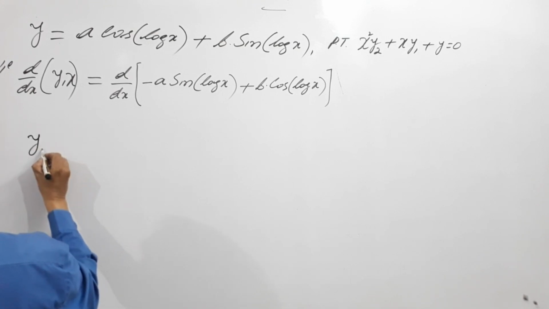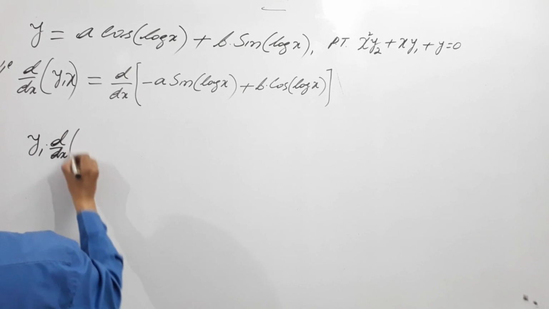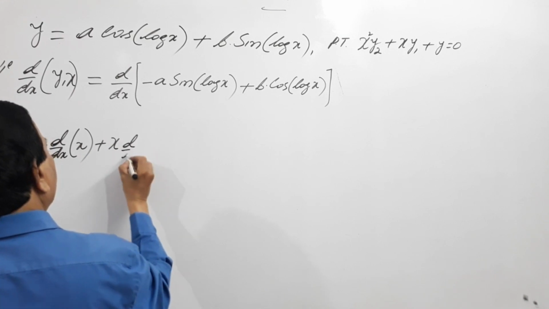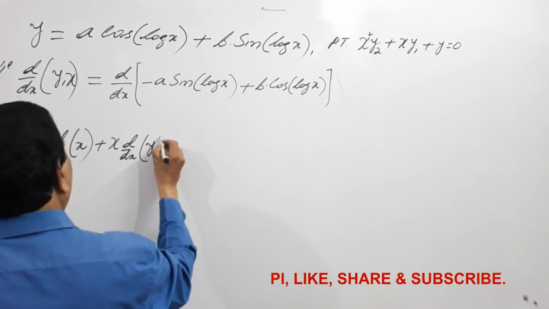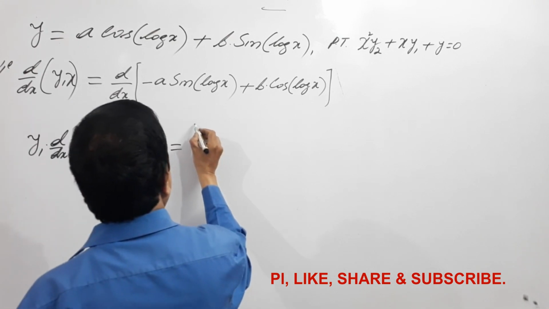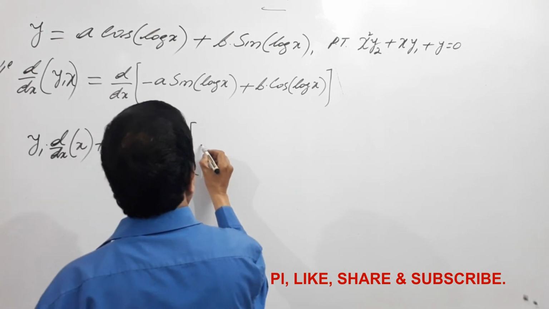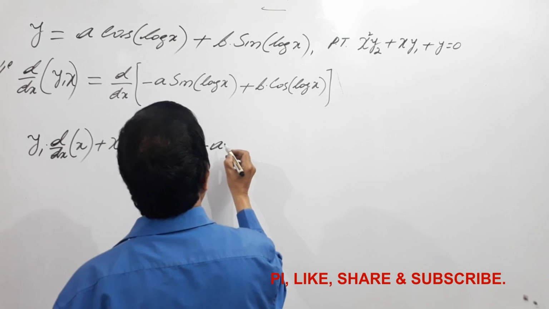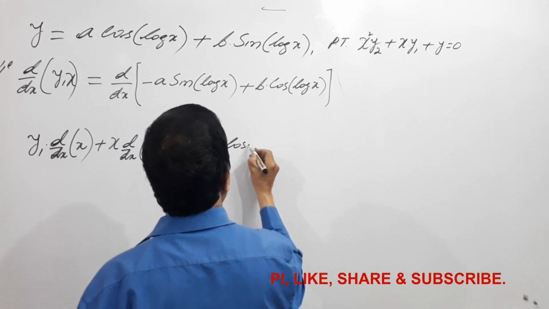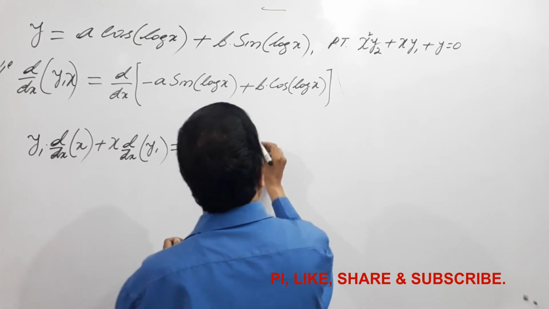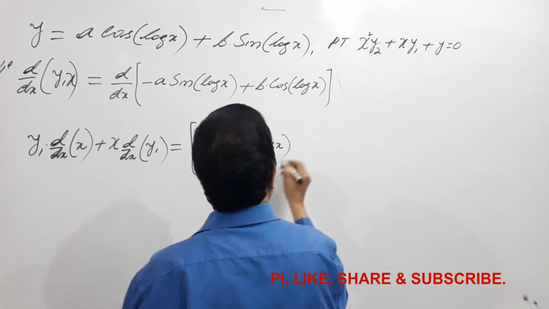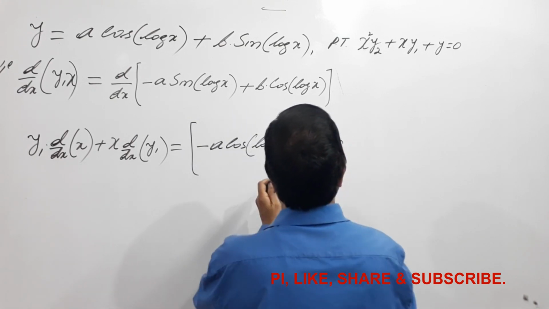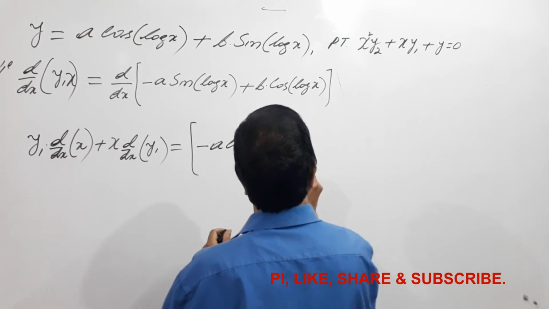That is y1 into d by dx of x plus x into d by dx of y1 equals, so here this becomes minus a cos log x plus b into 1 by x, sorry I am forgetting 1 by x, into 1 by x.